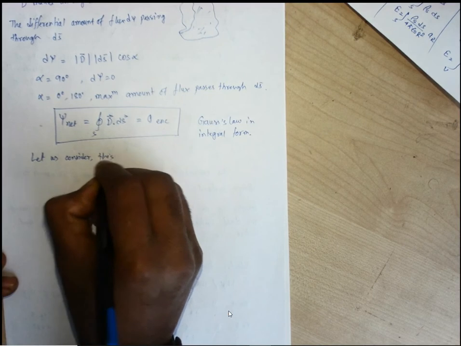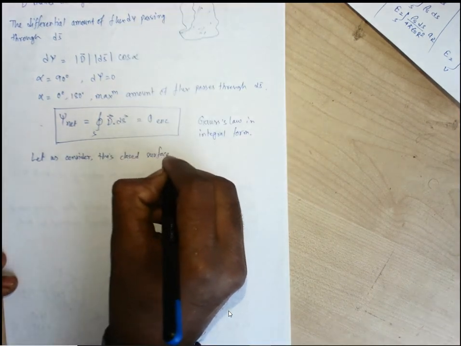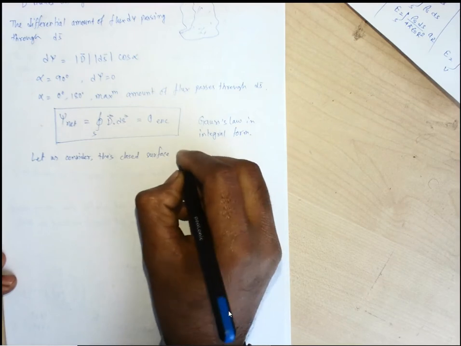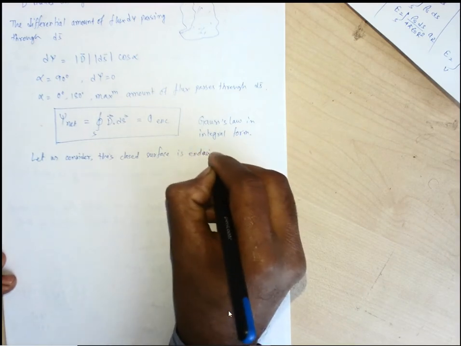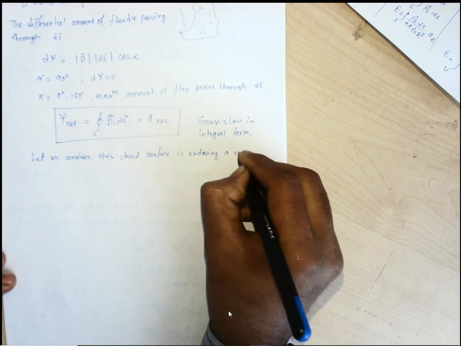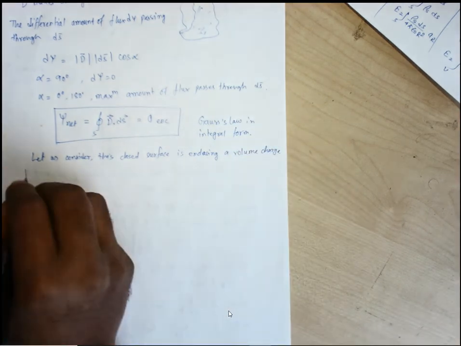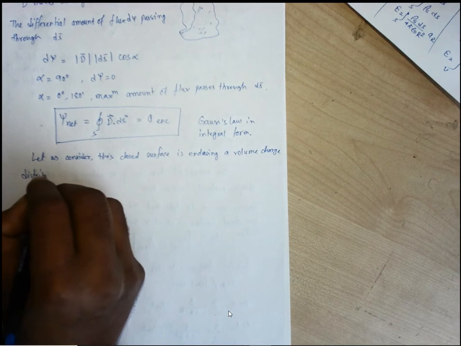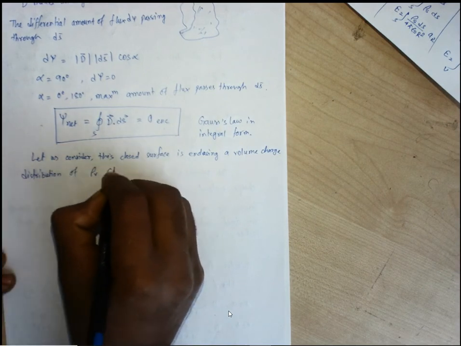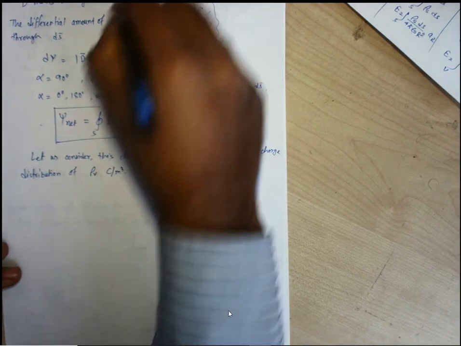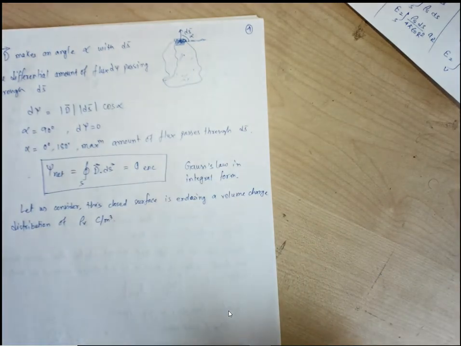This closed surface is enclosing a volume charge distribution of rho v coulomb per meter cube. This dS is enclosing some volume charge distribution.